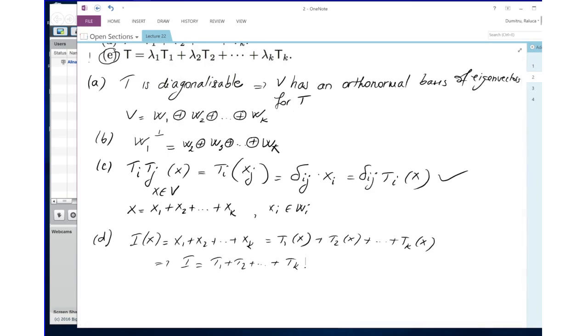Okay. And finally, what I was saying is the main thing here, the spectral decomposition, part E. So you want to show that T of x is lambda 1 T1 of x plus lambda k Tk of x.